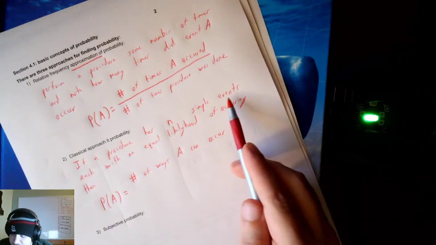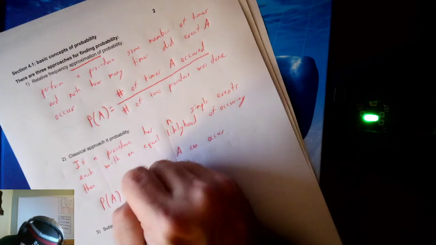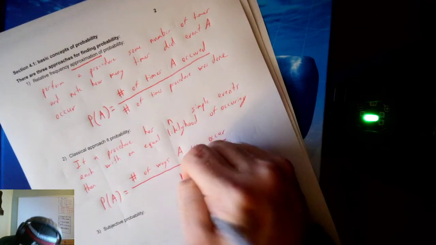If you have all of the simple events listed out, you can count how many of them are A, divided by n.